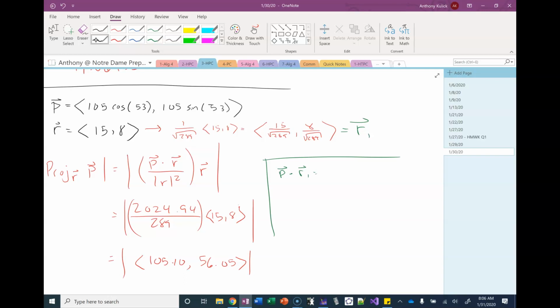Okay, Val? I have a question. Yeah. I keep multiplying here, and I'm just now doing it. So you did 105 cosine 53 times 15 plus 105 sine 53 times 8? Yeah. And I keep getting 1,618.7.